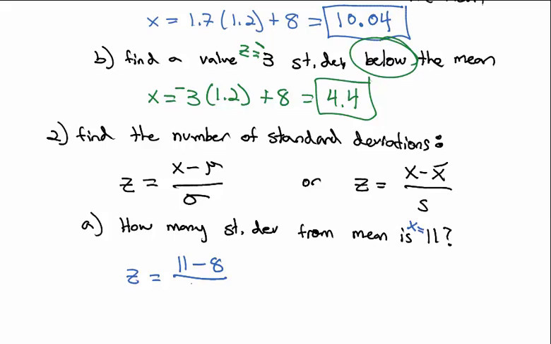Divided by the standard deviation. And the standard deviation we said was 1.2. So 11 minus 8, hit enter, so that your calculator knows we divide the whole thing. Divide the 3 by 1.2, we get 2.5. So 11 is 2.5 standard deviations away from the mean.